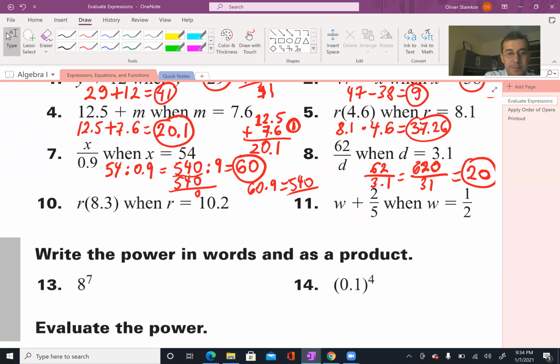Okay, number 10. R, which is 10.2, times 8.3. What we have to do here is multiply 3 with every number. 3 times 2 is 6, 3 times 0 is 0, 3 times 1 is 3.